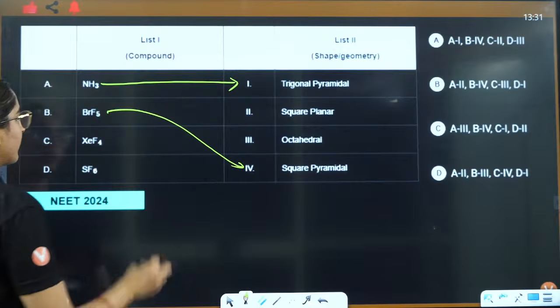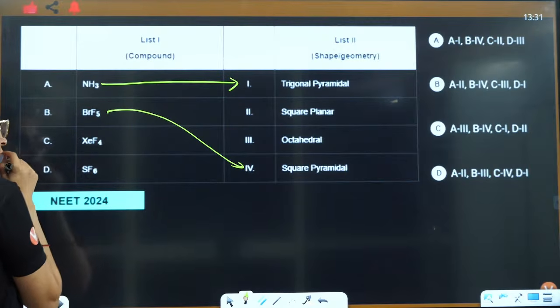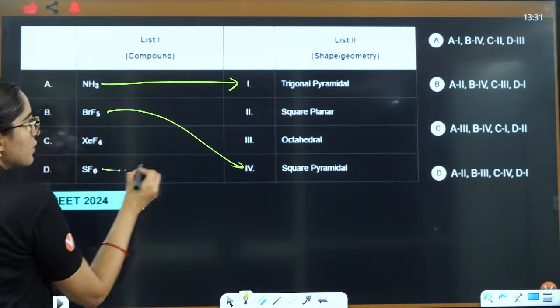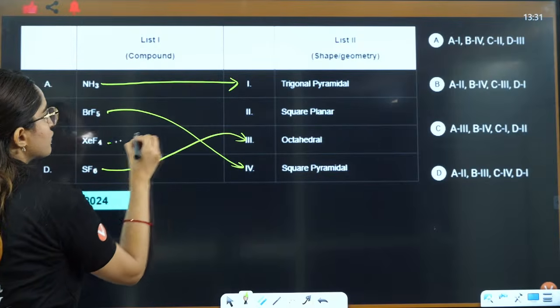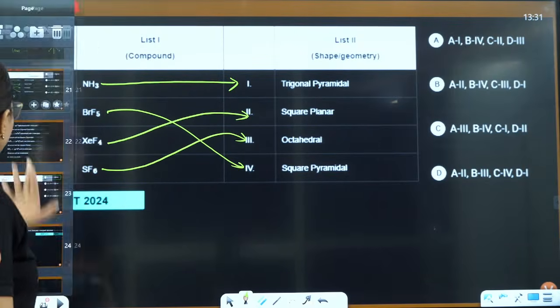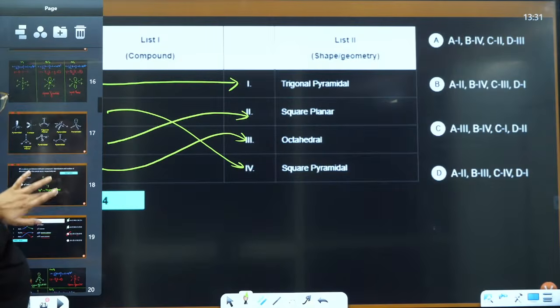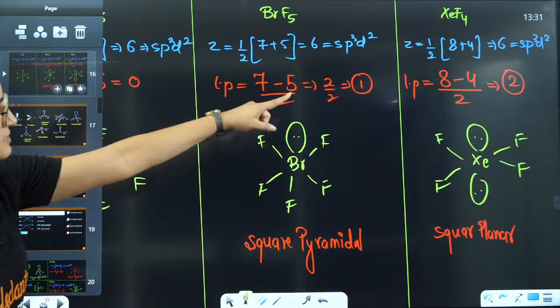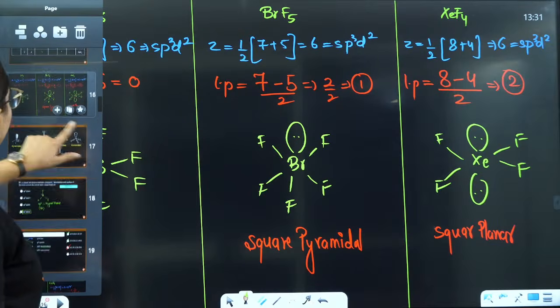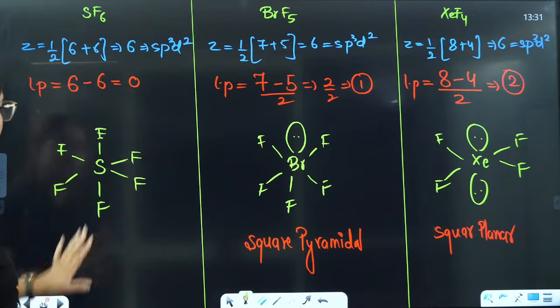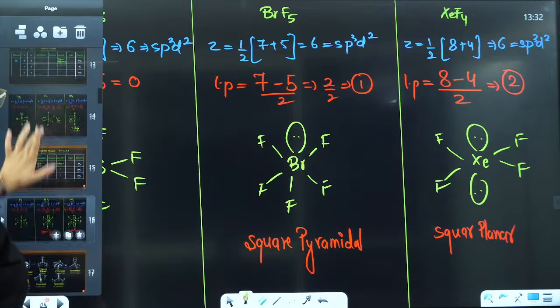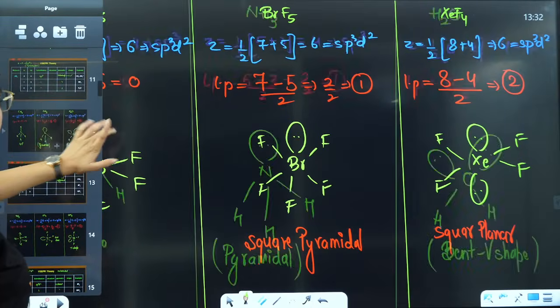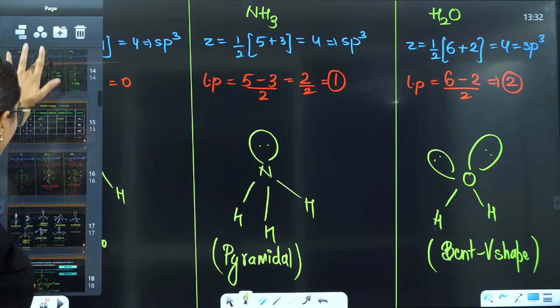Tetrahedral was the geometry. XeF4 we have solved. And this one was octahedral and this one was square planar. We have done BrF5 as well, XeF4 as well, SF6, NH3, so we have done all of them.